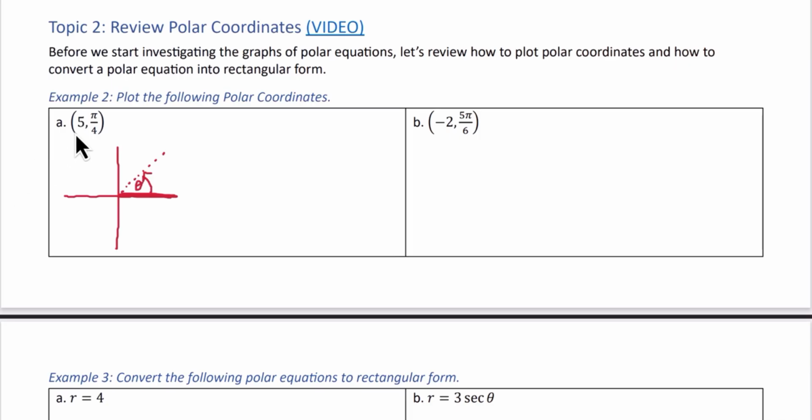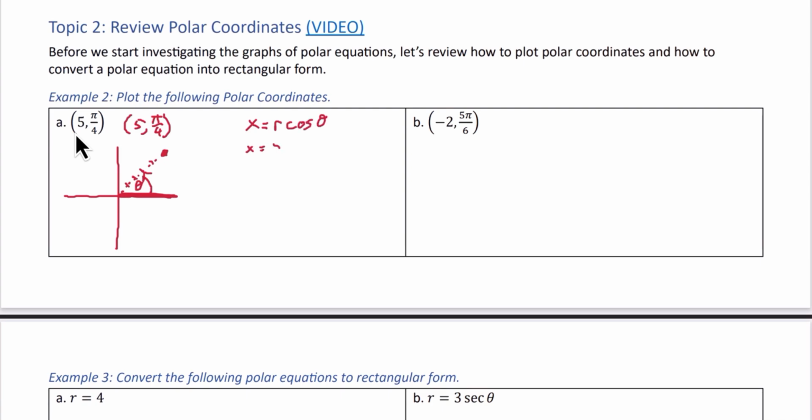So starting at the pole, we'll count out 1, 2, 3, 4, 5 units away to get us to the point 5, pi fourths. Just as a review, if we wanted to see that in the Cartesian plane, x and y coordinates, recall that x is r cosine theta.